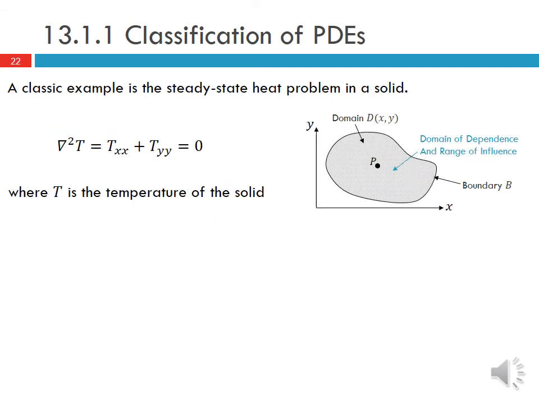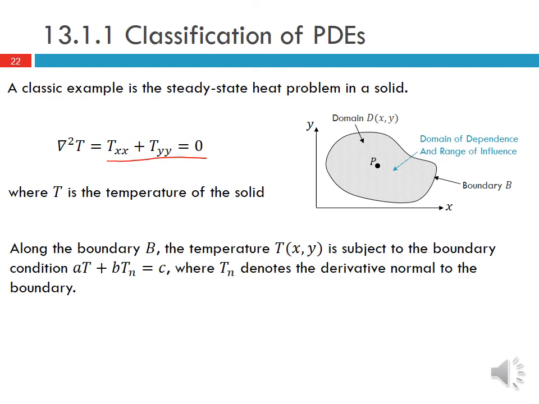A classic example of an elliptic PDE is the steady state heat problem in a solid, which can be written as here. So if T is the temperature of the solid, then partial 2T by partial x squared plus partial 2T by partial y squared is equal to 0 is the PDE that governs this behavior at steady state.